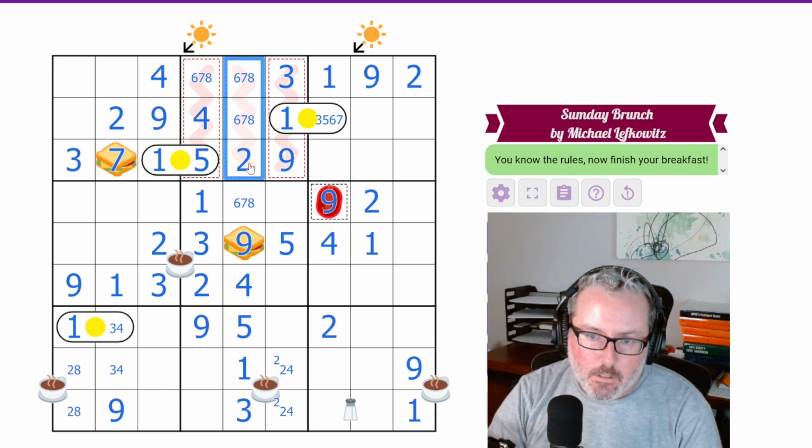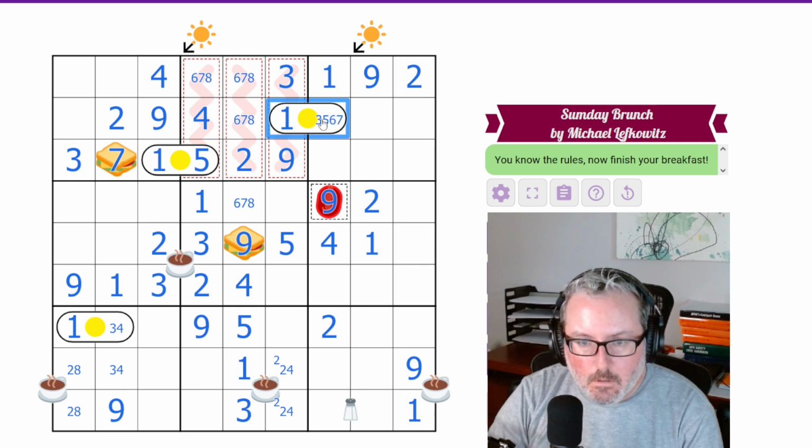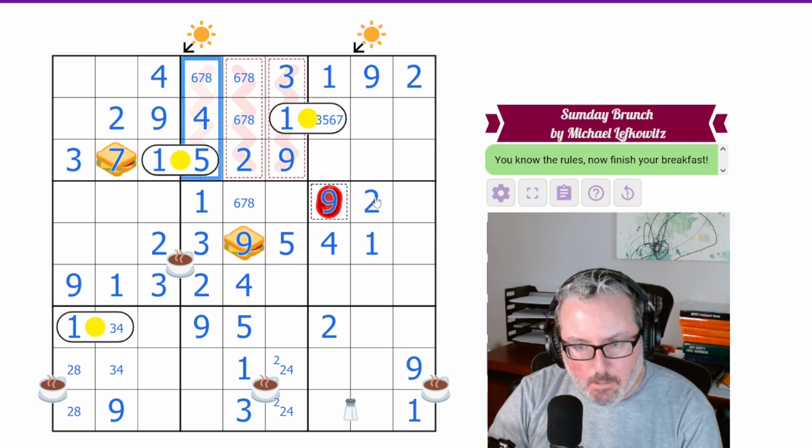This one could be 15, which could be this one or this one. It could be 16, which could only be this one. And it could be 17, which could only be this one. So there seems like there's a couple options, unless I'm missing something obvious there.